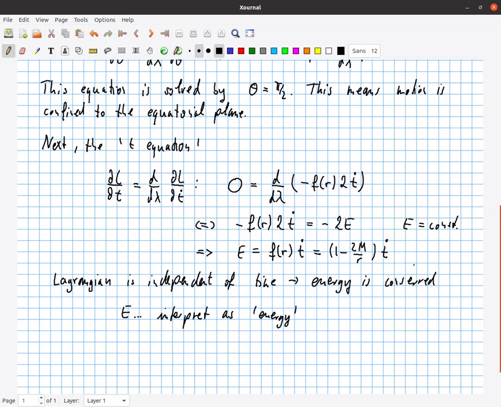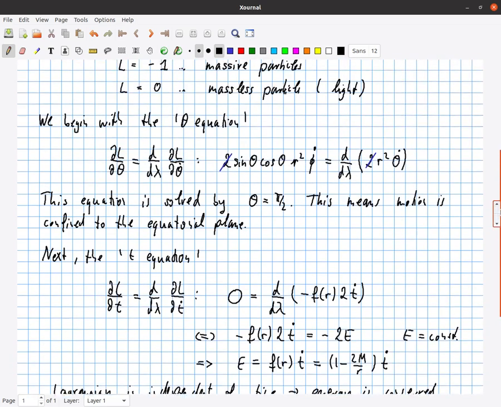This E here has something like units of time. So whether this is energy or not is not quite clear. It certainly doesn't have the right units, but we should interpret it as a constant that is related to energy. That's our second equation done.